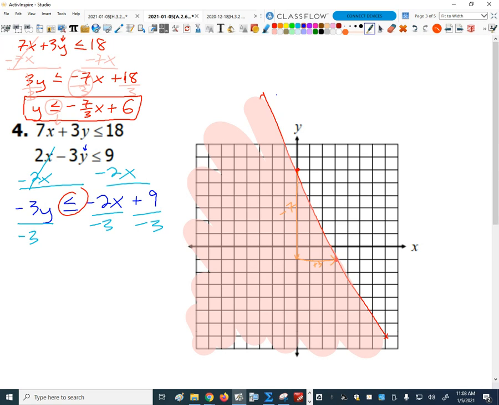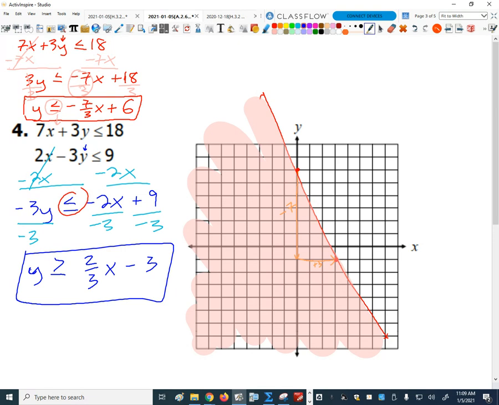So we end up with y is greater than or equal to negative 2 over negative 3, well, negative divided by negative becomes positive 2/3 x. And then positive 9 divided by negative 3 is minus 3. Okay, good. So there's our inequality written in slope-intercept form.